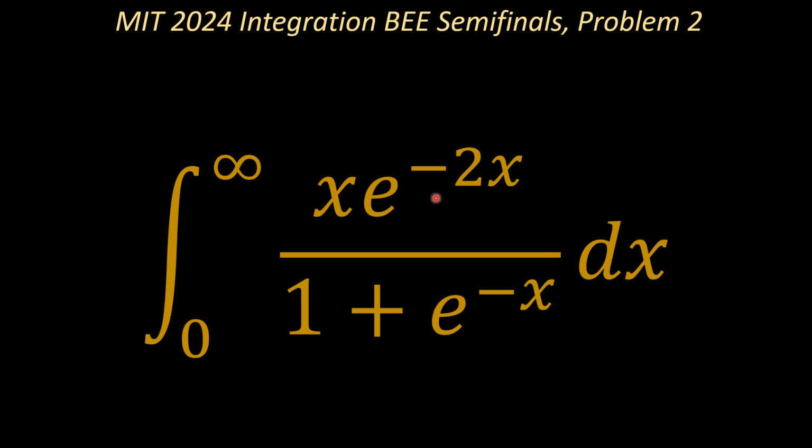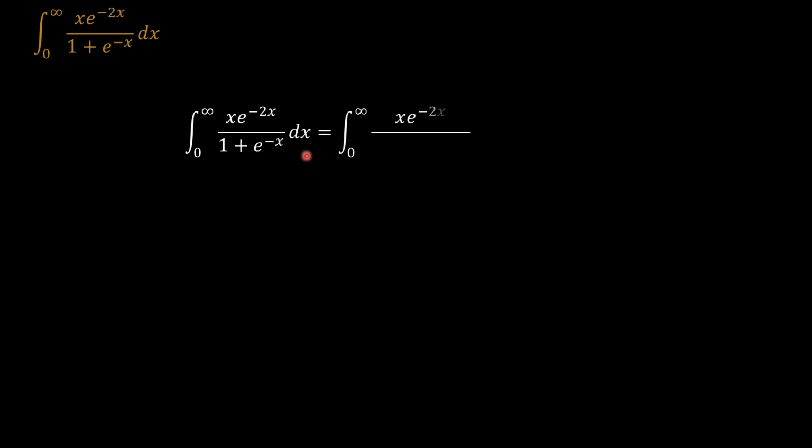So how I would handle this problem first is I'll look at the denominator, and I would like to express that as a geometric progression problem. In order to do that, I would treat this plus as a negative.